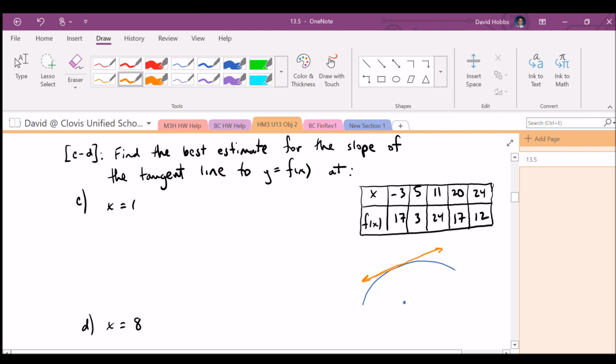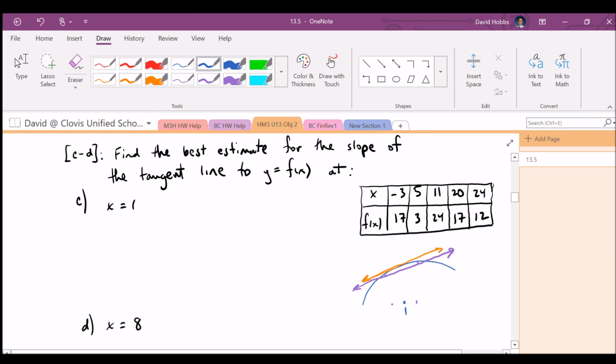But if we don't actually have the curve, we can't do the slope function like we've been doing. But what we can do is go equally spaced on either side, and the best approximation will be the slope of the secant line that's equally spaced on either side of the x equals 1 in this case.